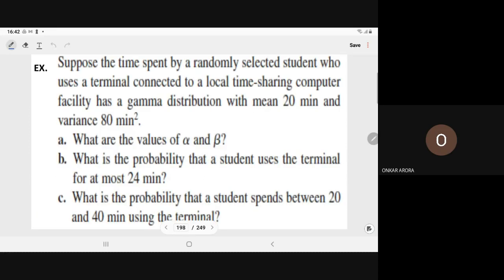Suppose the time spent by a randomly selected student who uses the terminal connected to a local time sharing computer facility has a gamma distribution with mean 20 minutes and variance 80.